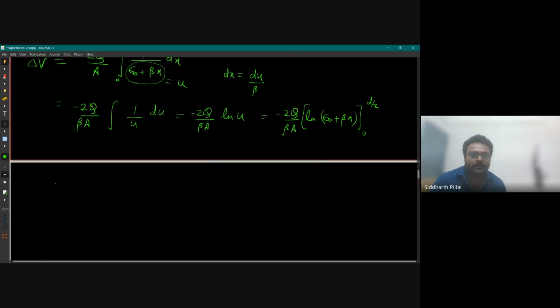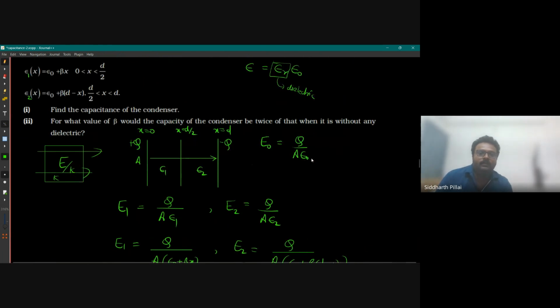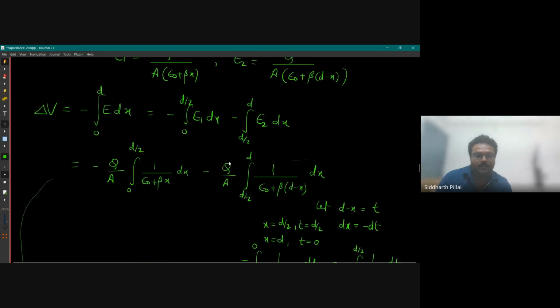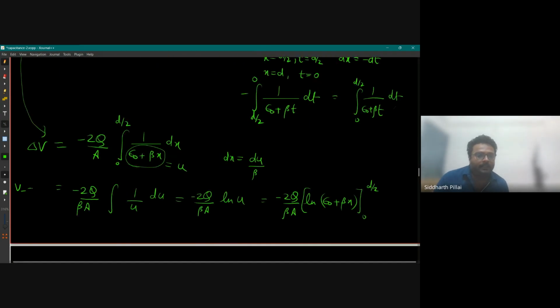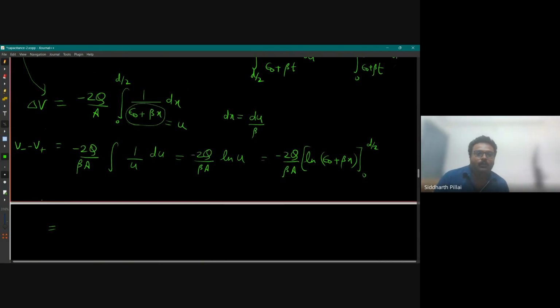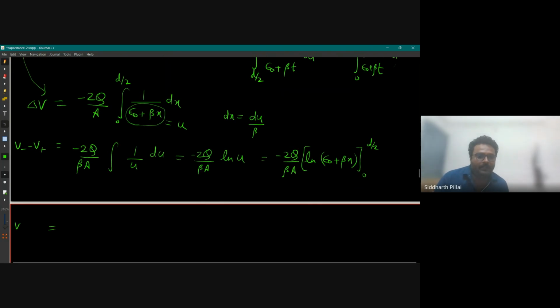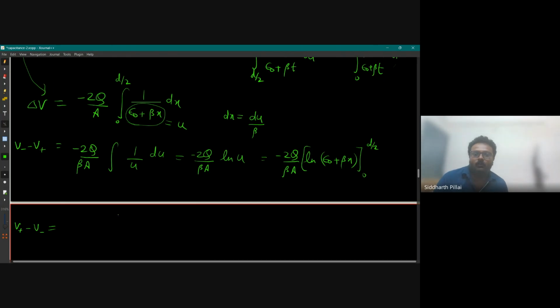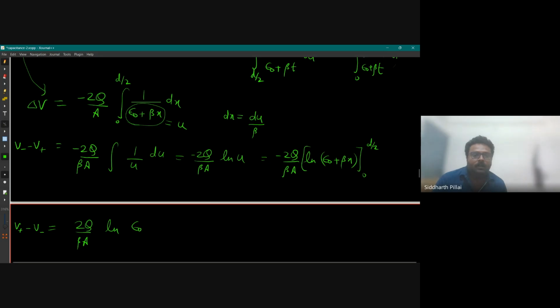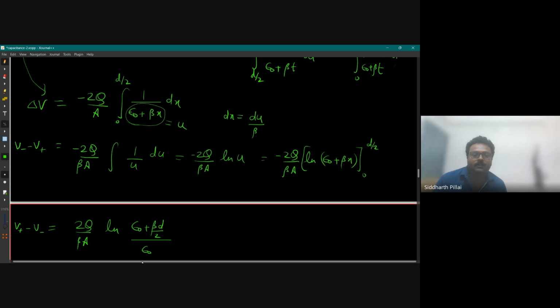After plugging in the limits, delta V, when we're going from the positive plate to the negative plate, is actually V minus minus V plus. So if you do V plus minus V minus, you will get 2q by beta A natural log of the upper limit divided by the lower limit, which gives epsilon naught plus beta d by 2 divided by epsilon naught.